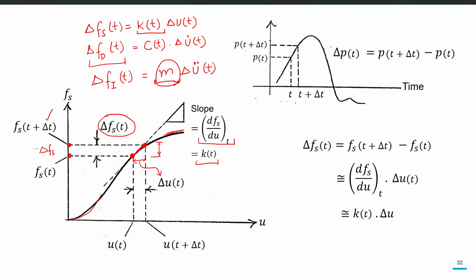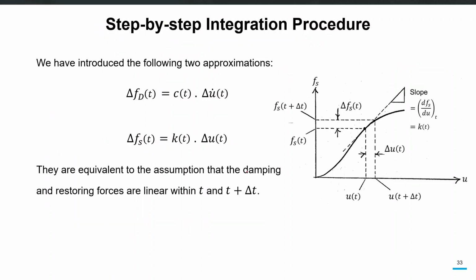The change in applied dynamic force delta P of T will be equal to the value of P at T plus delta T minus the value of P at time instant equal to T. So that is basically this distance delta P of T, and if you were here at time T and you have gone here at T plus delta T, the vertical distance between them is the delta P of T. So now we have introduced the following two approximations.